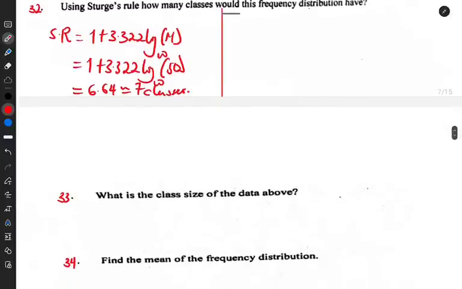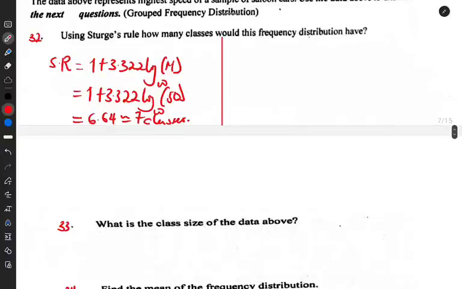Now question 33. What is the class size of the data above? We are looking at the class size of the data above. Class size means that here we really want to know the class width. So how do we do that?